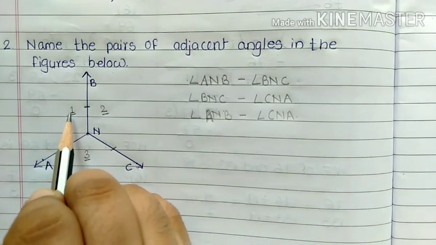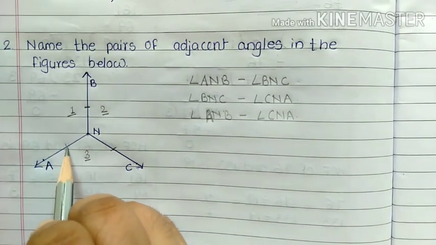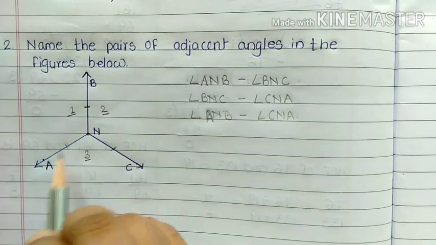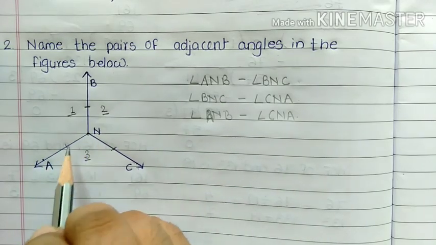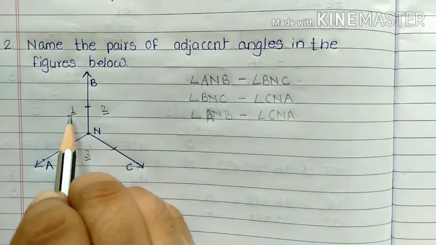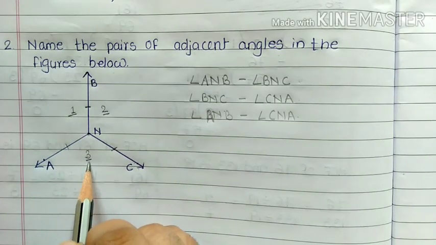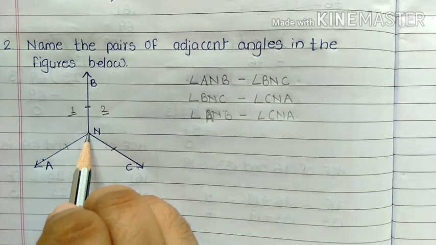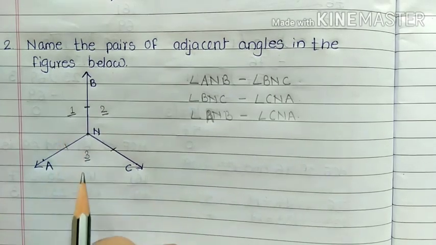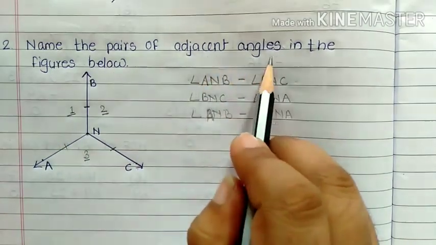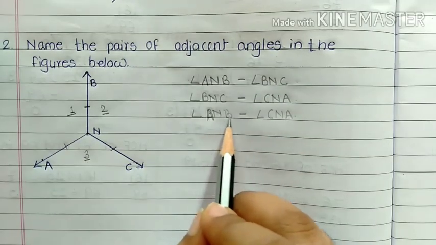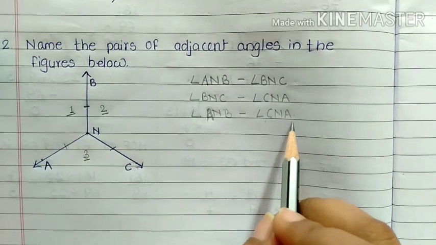For angle 1 and angle 3, the common arm is arm AN. Ray NA is common. The interior parts for 1st angle and 3rd angle are different. Vertex N is common. So, angle 1 and angle 3 are adjacent angles. That is angle ANB and angle CNA.